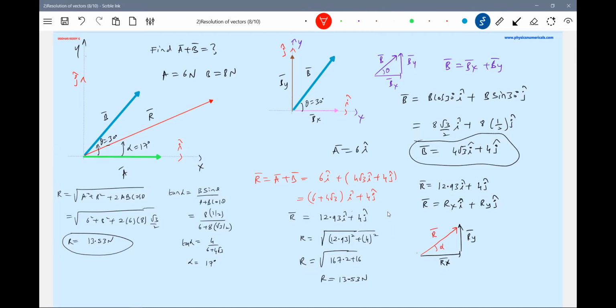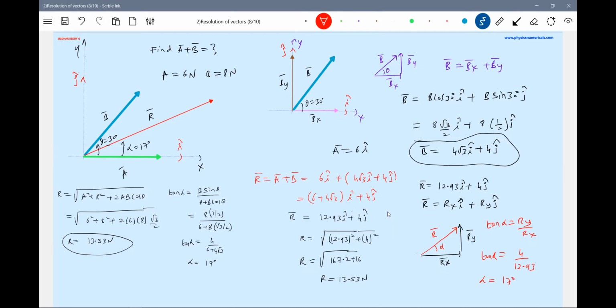This alpha, tan alpha, is Ry by Rx. So Ry is 4, Rx is 12.93. Solve it, you'll get alpha, the same value.